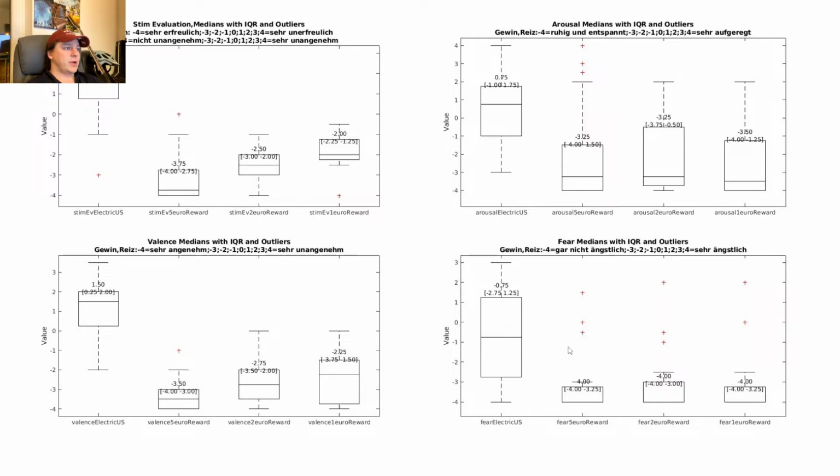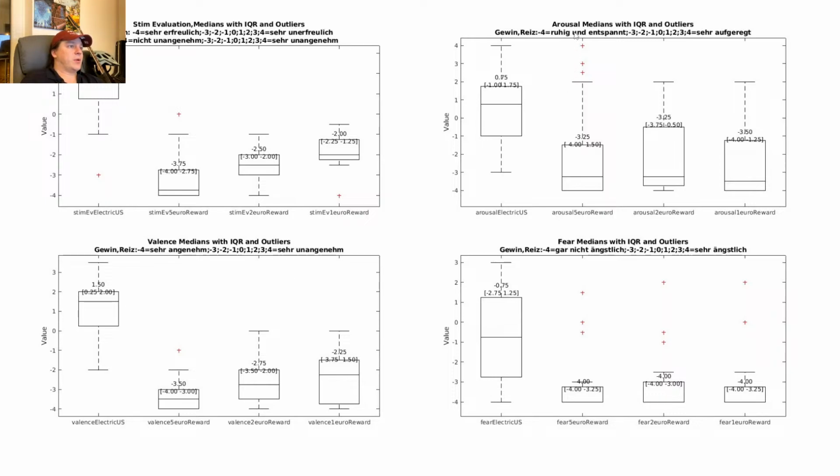Let's then look at the other answers. If we ask them to rate the valence, pleasant and unpleasant, once again, the €1 in absolute value is closer to electrical stimulation.